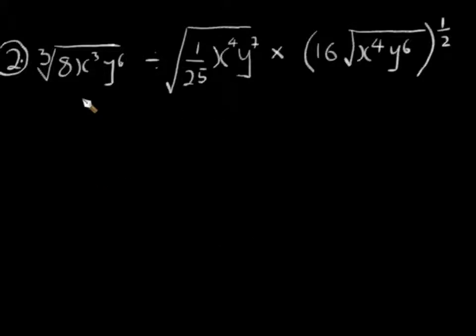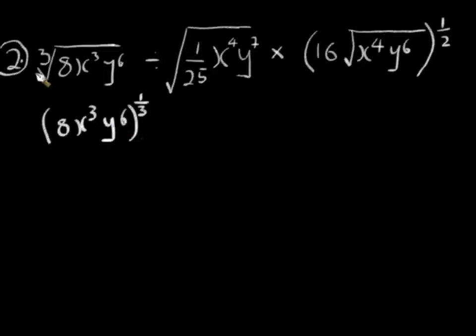So we have that this becomes 8x cubed y raised to power 6, right? So this 3 at the root here becomes our power. So we take the reciprocal and it becomes our power. So it becomes 1 over 3.